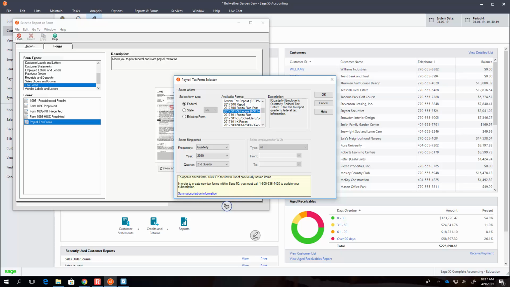One other thing I do want to mention, the case is January. What quarter is January? Just first quarter. So once you select the form, make sure you switch to the first quarter. What does Sage do automatically? It switched to the second quarter because today is April. We are in the second quarter.